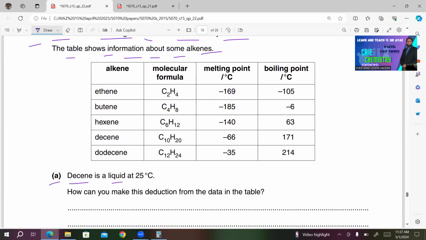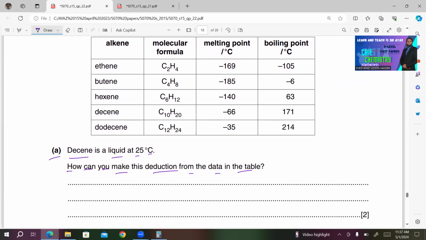A. Decene is a liquid at 25 degrees centigrade. How can you make this deduction from the data in the table? It's very easy. It's a liquid. The melting point is below 25 and the boiling point is above 25 degrees centigrade.